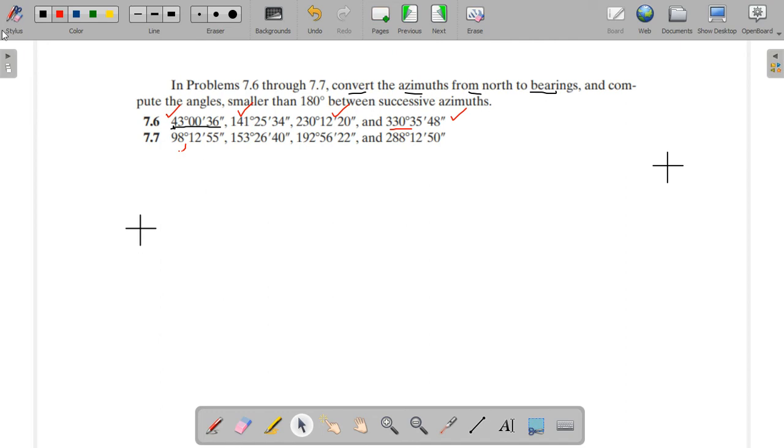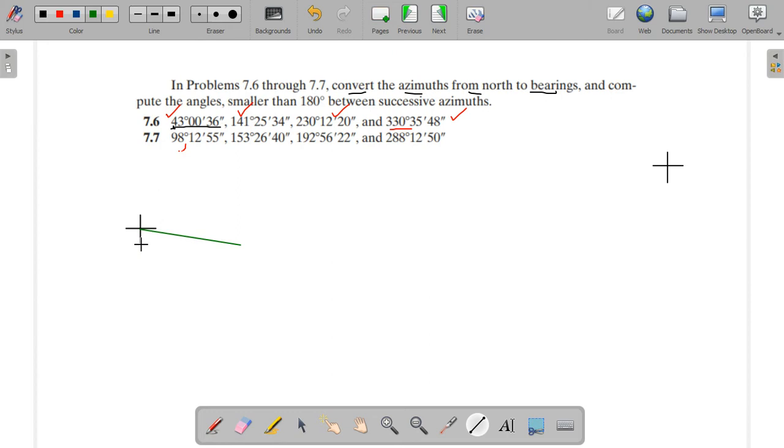98 degrees 12 minutes 55 seconds, so that's more than 90 degrees, so probably it's here. Sorry. Should be, so 98 degrees, so somewhere here.